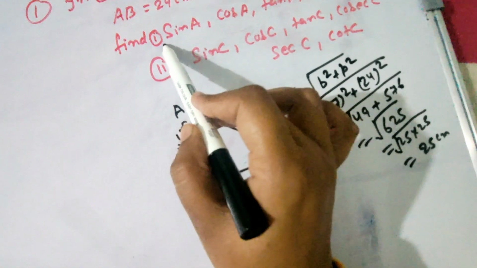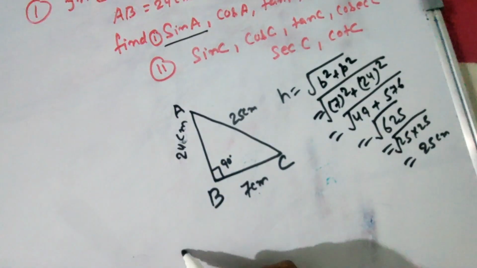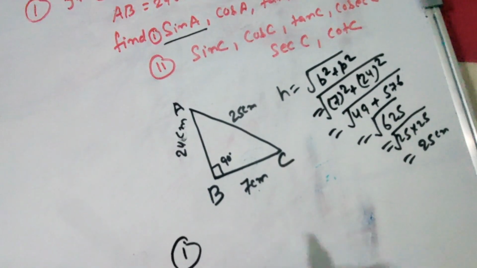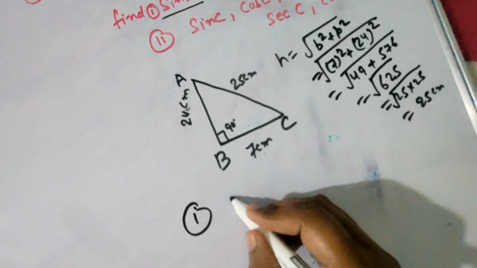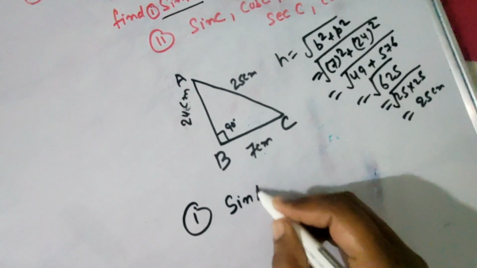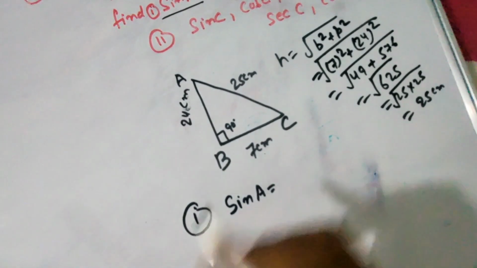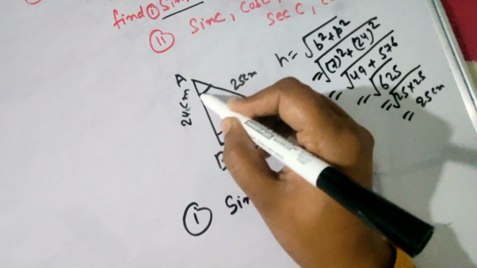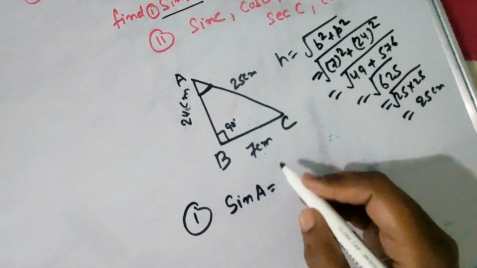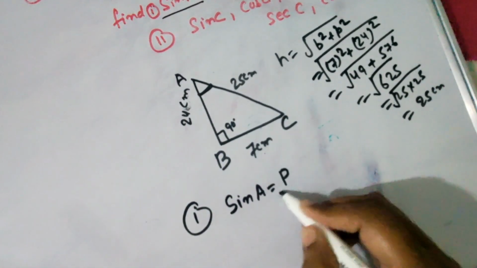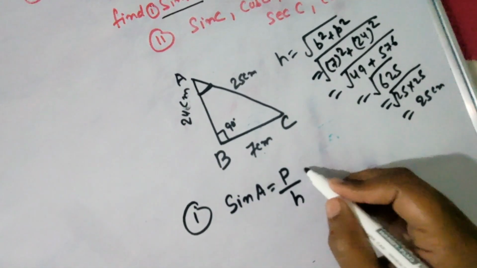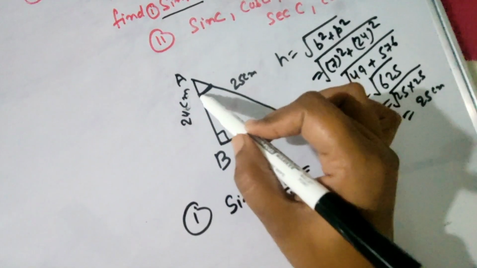Then first, the first question is to find out sine A. This means you find this angle. Sine A formula is what? Perpendicular by hypotenuse. Perpendicular is what?